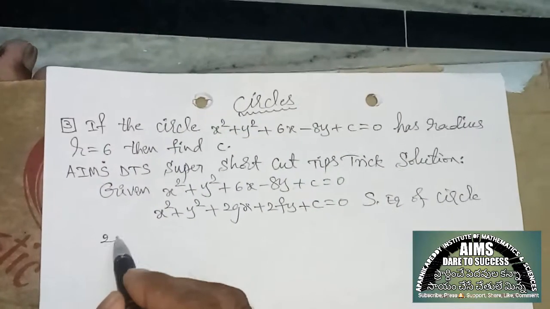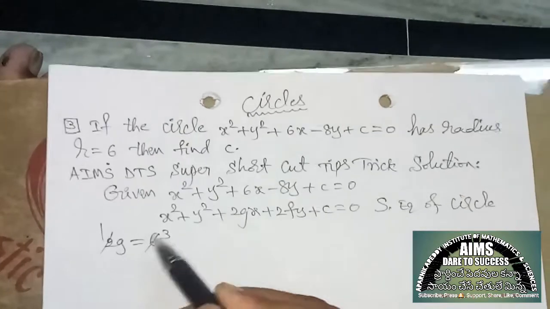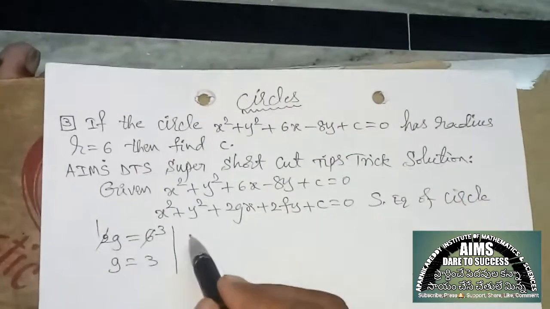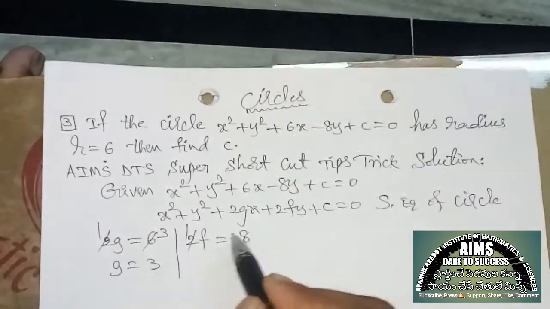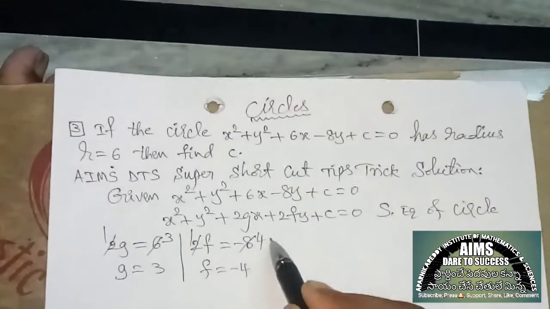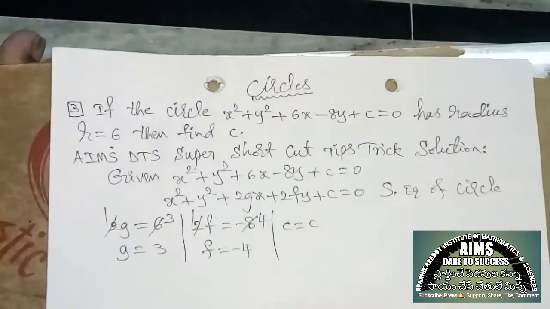Here x coefficient 2g is equal to 6, cancellation, 2 1s are 2, 2 3s are 6, g is equal to 3. And next, comparing with y coefficient, 2f is equal to minus 8, cancellation, 2 1s are 2, 2 4s are 8, f is equal to minus 4, and constant term c is equal to c only.